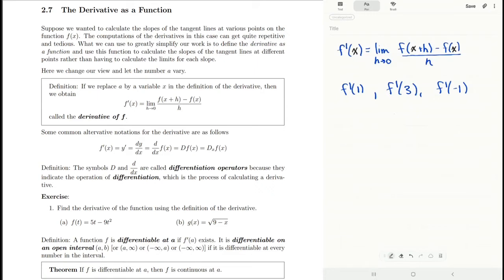Now there are many notations that you might come across for the derivative, and the most common notations that we will be using are called the prime notation. So this would be f prime of x or y prime, and the other is called Leibniz notation.